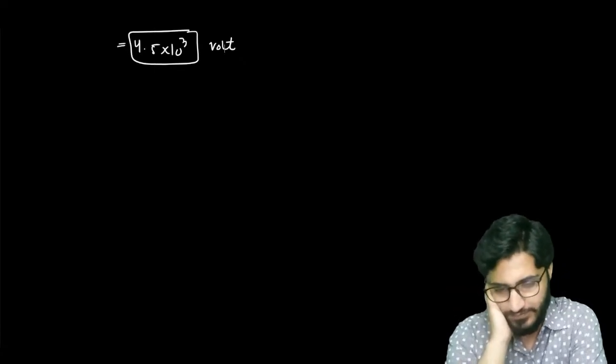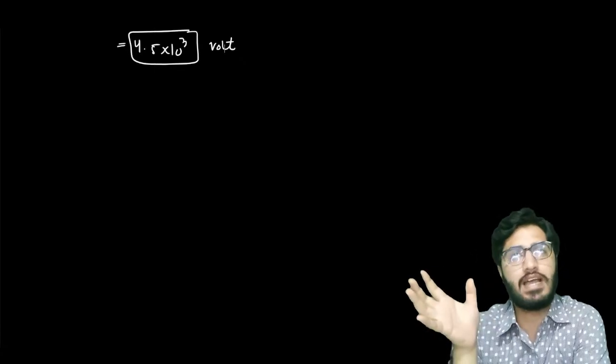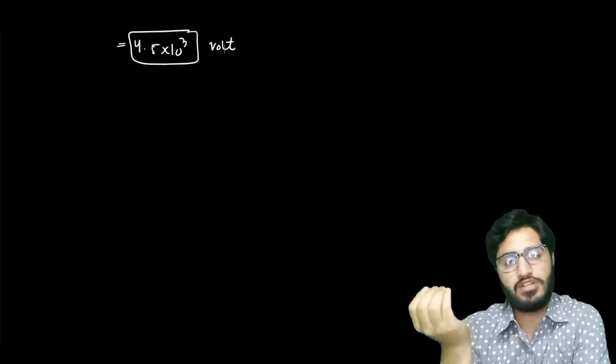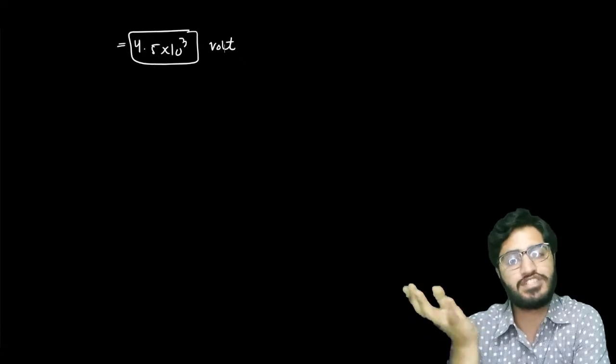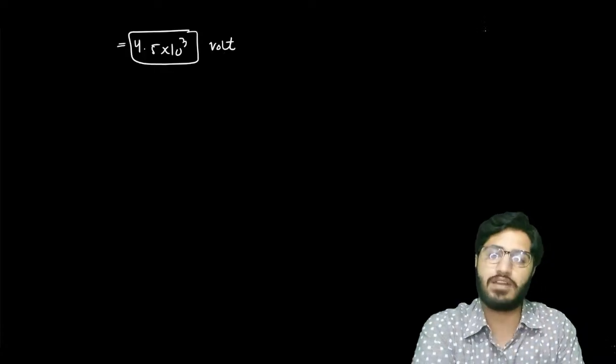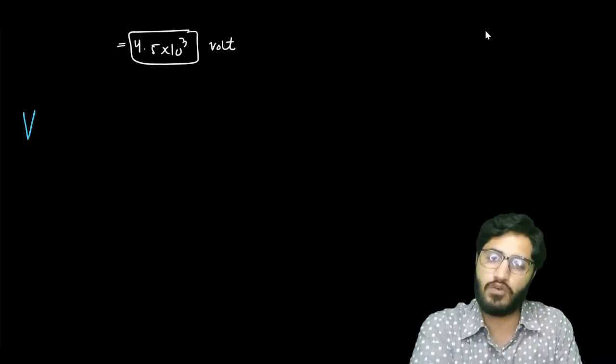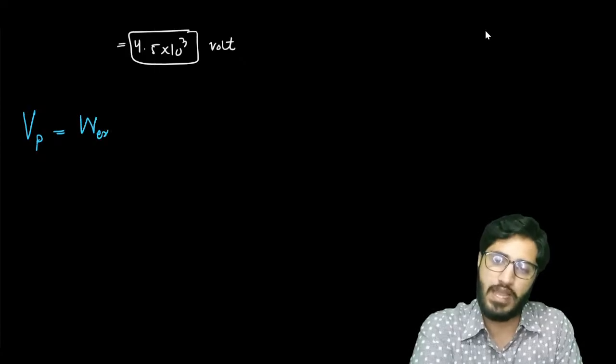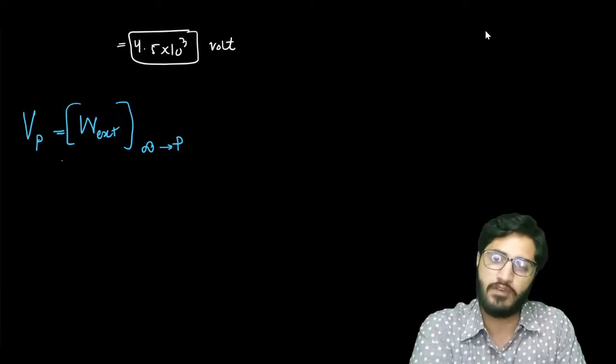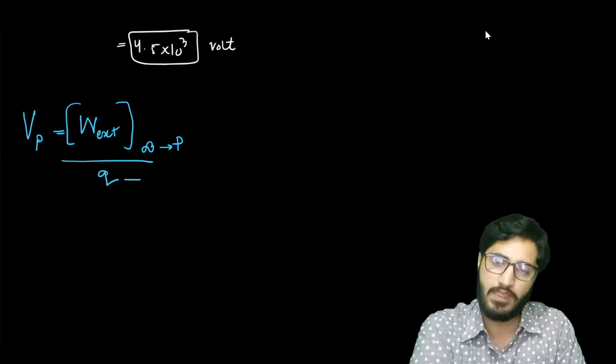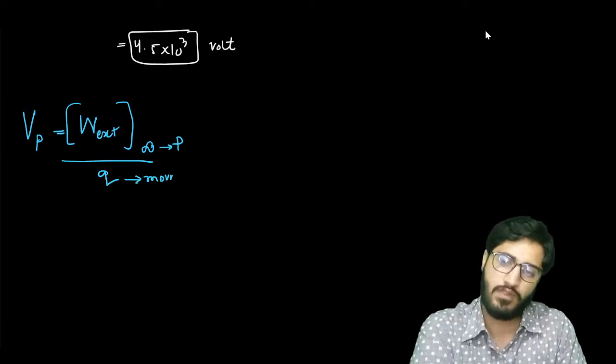So simply you will say, sir, electric potential means work done per unit charge. So look now, I will write: potential at any point P equals the work done by the external agent or force to bring a particle from infinity to point P, divided by that moving charge particle.